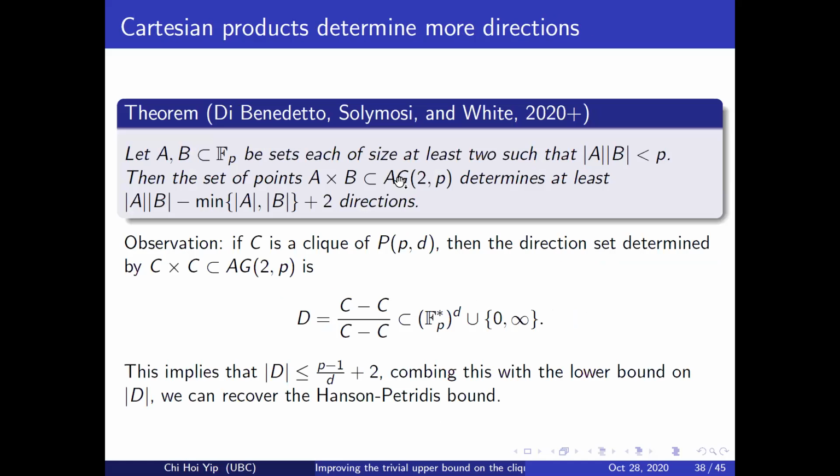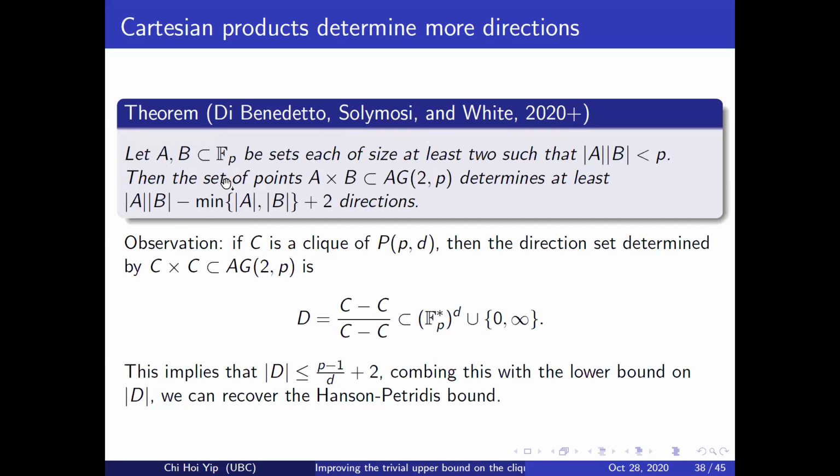However, if U is a Cartesian product, then we can improve that bound to about the size of U. So the Cartesian product determines more directions. The lower bound has been improved to about twice Szőnyi's bound.